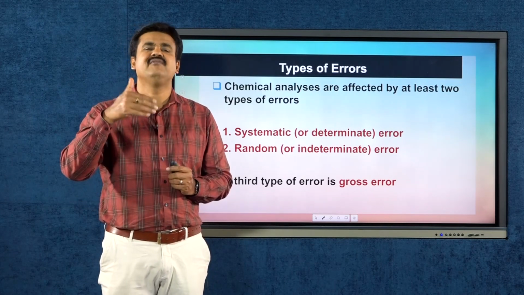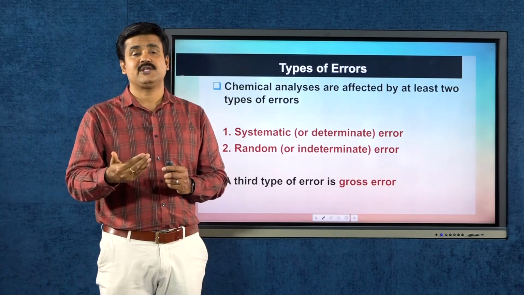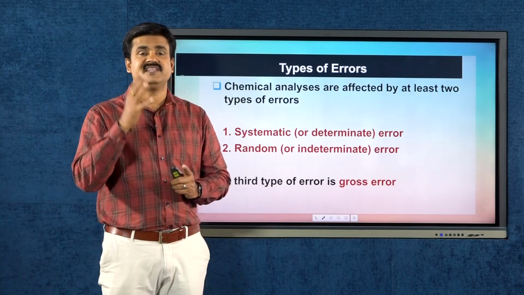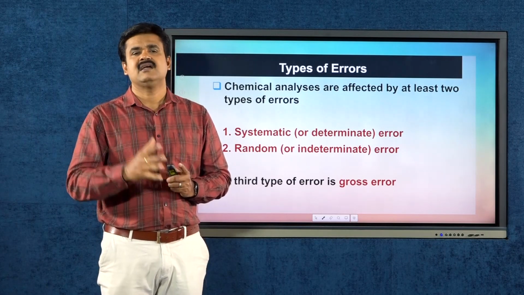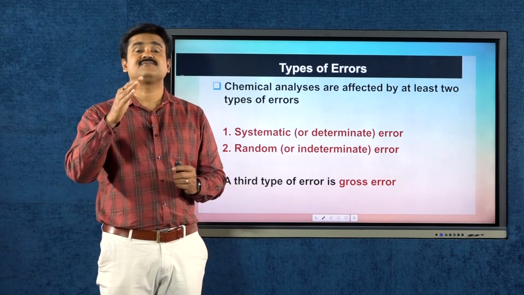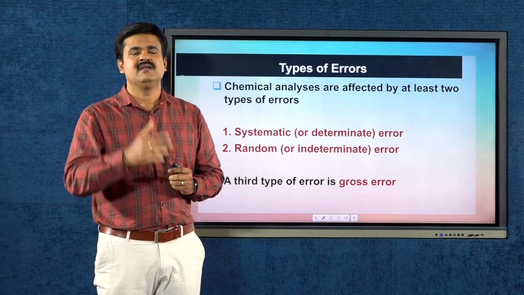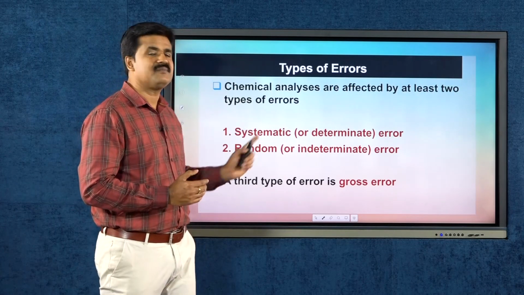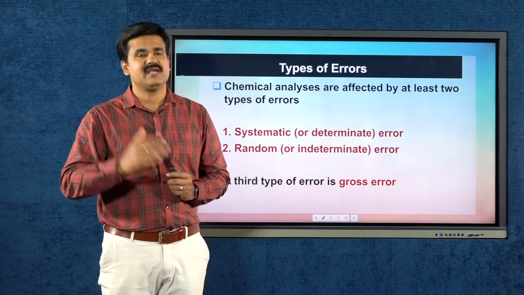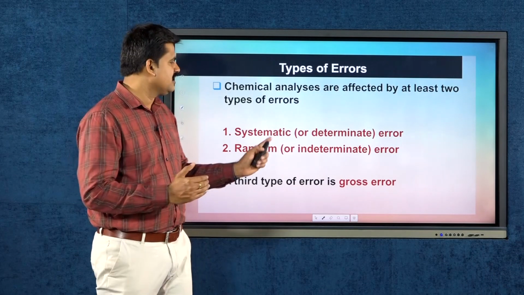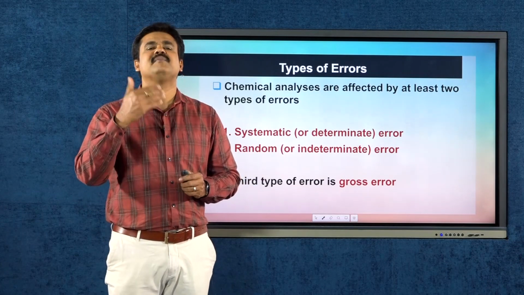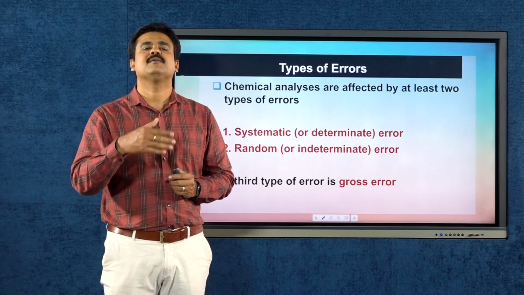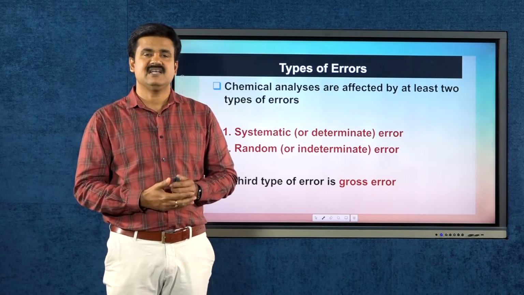But we are always giving maximum priority to the first two types, systematic error and random error. As far as your syllabus is concerned, we have to focus much more on the systematic error as well as the random error. I have introduced this gross error for familiarization. So, we can move on to details of such errors.